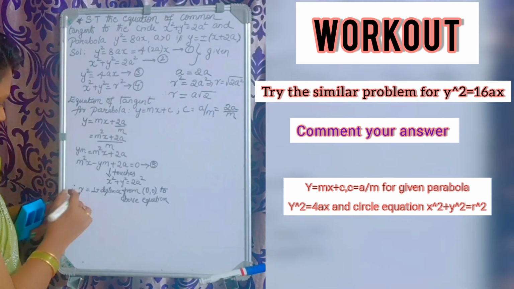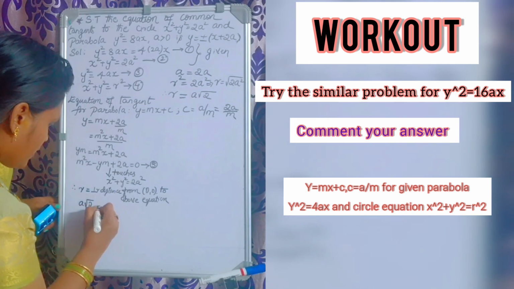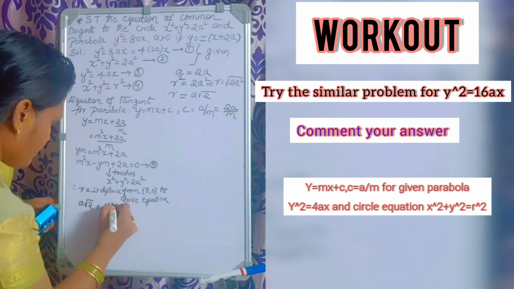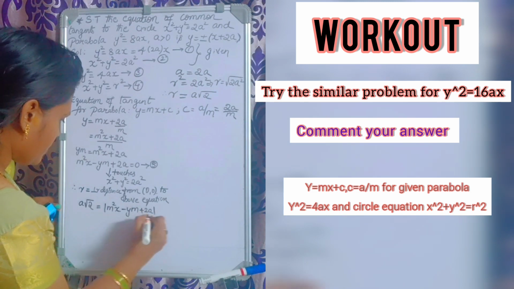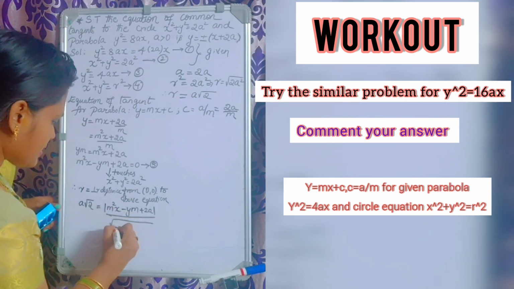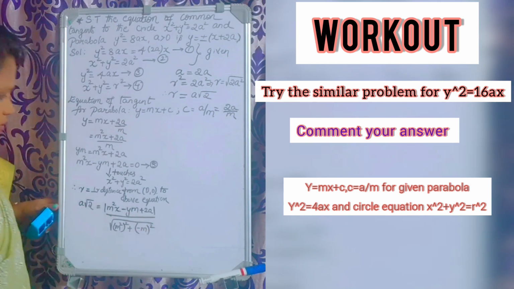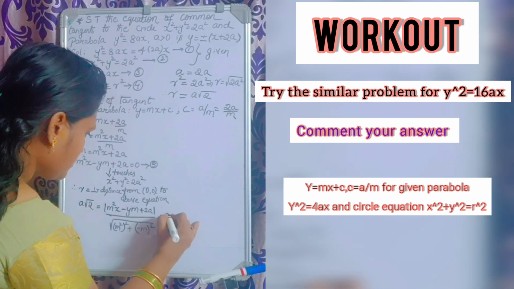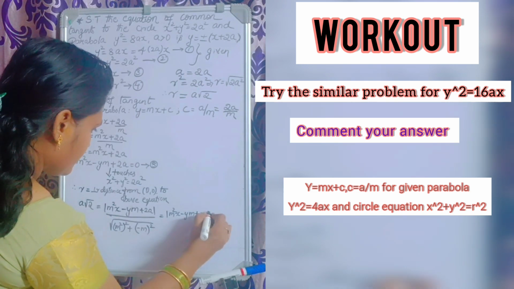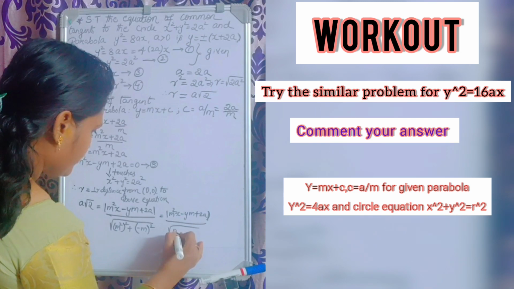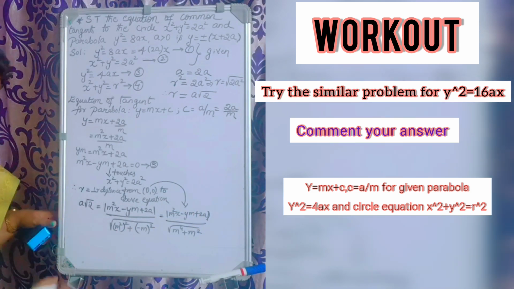Now substituting the values, we have r is equal to a square root of 2, and the perpendicular distance of this equation is simply mod of m square x minus ym plus 2a by square root of coefficient of x, which is m square, whole square, plus coefficient of y, which is minus m, which is equal to m square x minus ym plus 2a by square root of m power 4 plus m square.